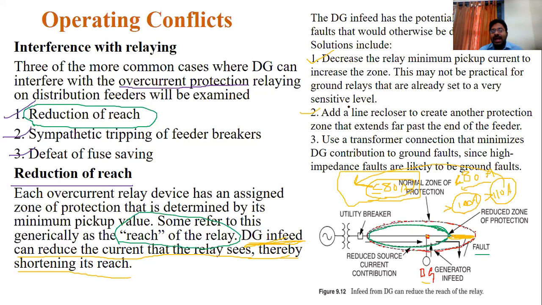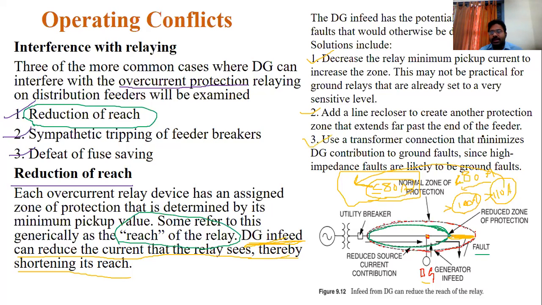So what is the second one? Add a line recloser to create another protection zone that extends to the far end of the feeder. So another recloser, and another recloser. Here in this region, you can connect another recloser to protect the system. Then what is the third one?